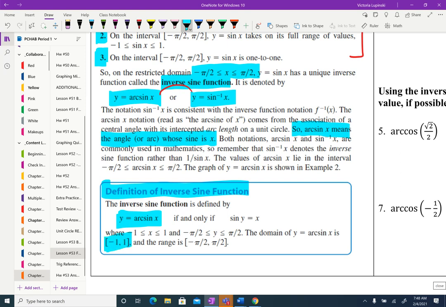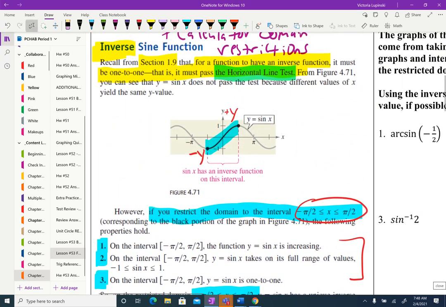Again, if you go back to this original sine wave here, because we're restricting the domain to be -π/2 to π/2, that means that the range is -1 to 1.